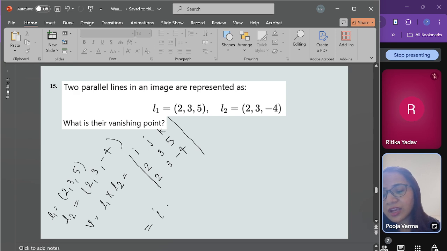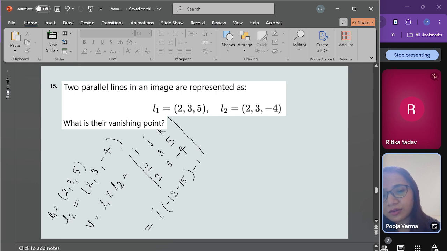Yes, minus 27 and 18, correct. So for i: 3 into minus 4 minus 3 into 5, that is minus 12 minus 15.